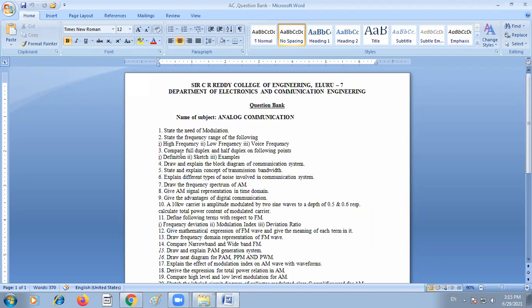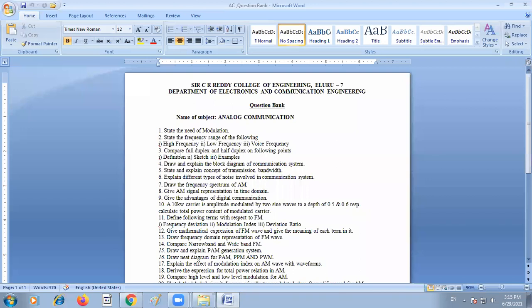Whereas full duplex means simultaneously you send from the transmitter and receive from the receiver. You send the message and receive the message simultaneously. That is full duplex.